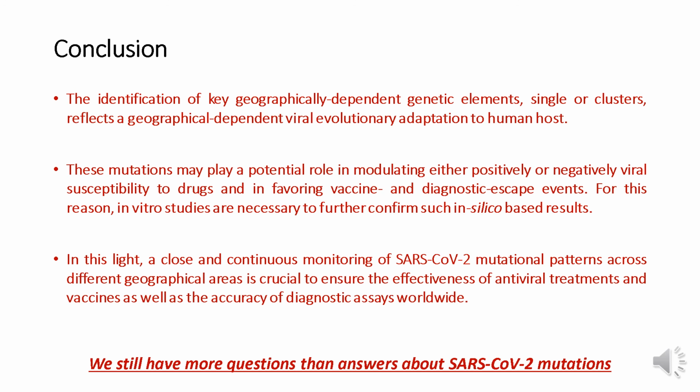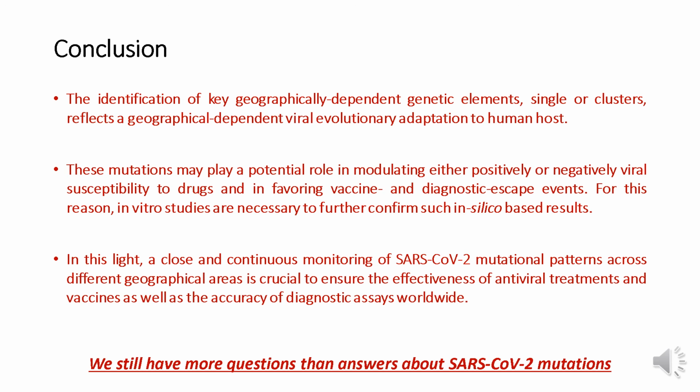We can conclude that the identification of key geographically dependent genetic elements, single or in clusters, reflects a geographically dependent viral evolutionary adaptation to the human host. These mutations may play a potential role in modulating, either positively or negatively, viral susceptibility to drugs and in favoring vaccine and diagnostic escape events.